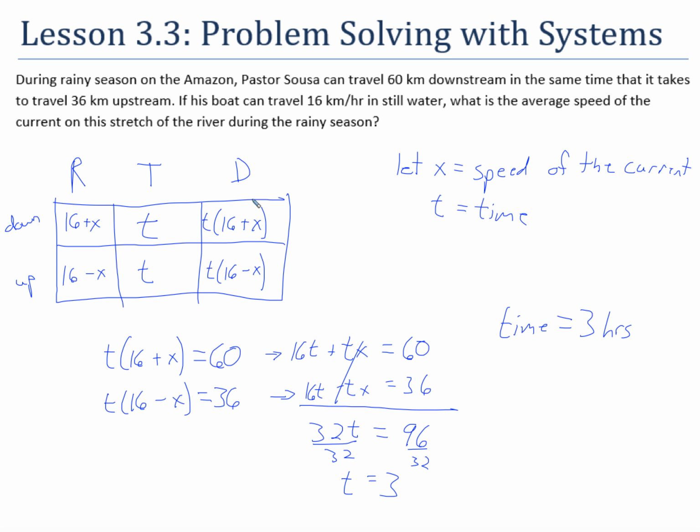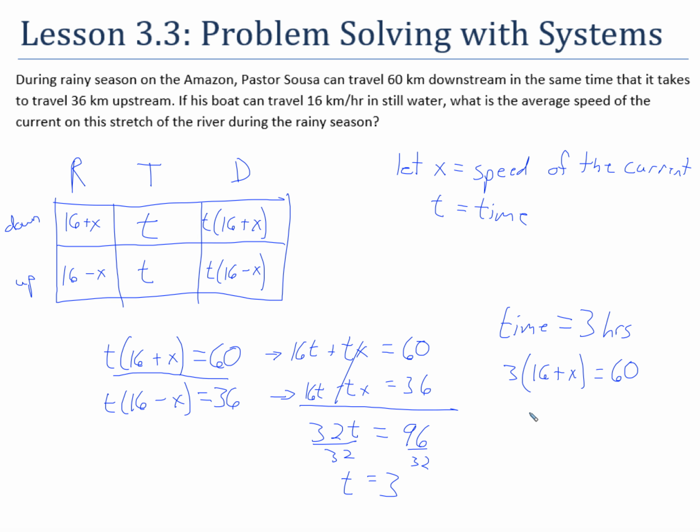So we can go back into one of these equations and figure out what x is equal to. Let's take the top one. We know our time is 3. The rate was 16 plus x, so 3 times (16 plus x) equals 60.